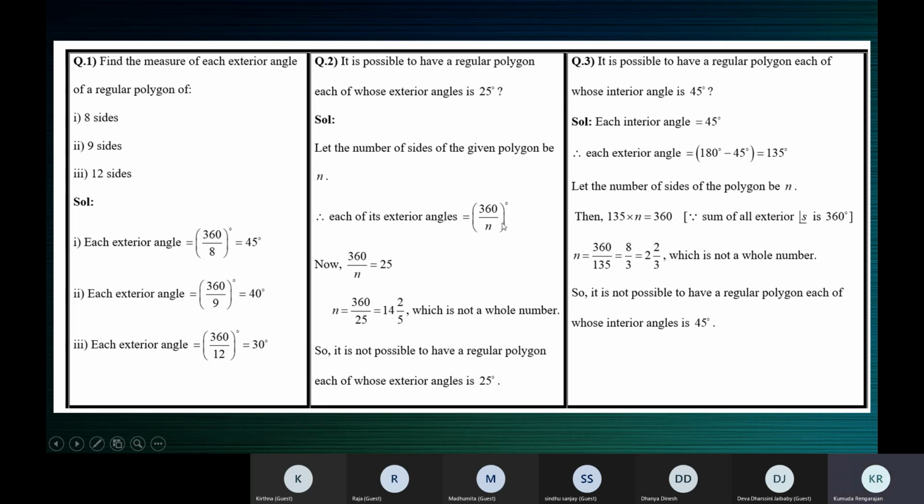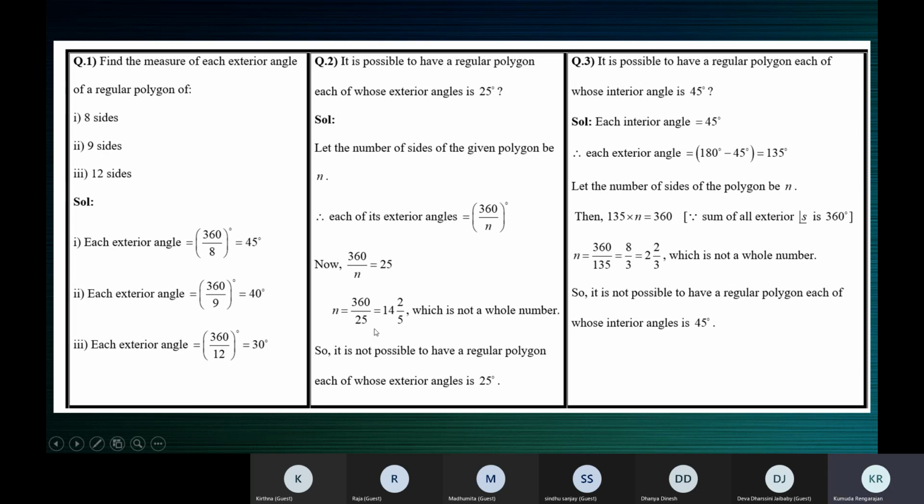It's given that each exterior angle is 25 degrees. So 360 by n is equal to 25. When you work this and find n, you get 14 2 by 5. It's not a whole number.